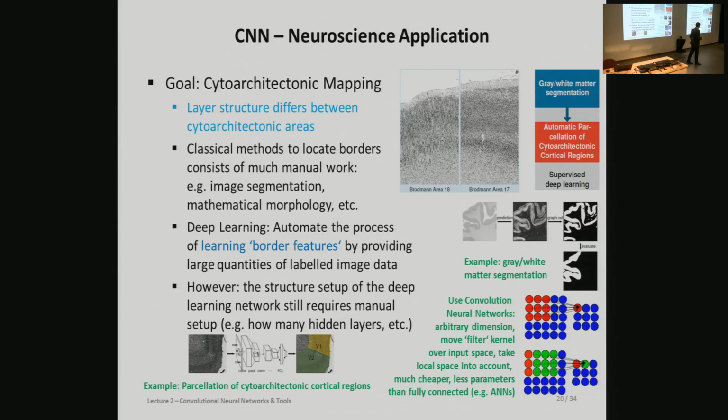Hence, convolutional neural networks to the rescue. Combined, of course, with some other elements in neuroscience, it's particularly difficult, but it is nice that there are new models around now. The idea of how that works is the same thing that you learned. You go with the convolutions over this feature space, or basically your images, and you detect different kinds of features.